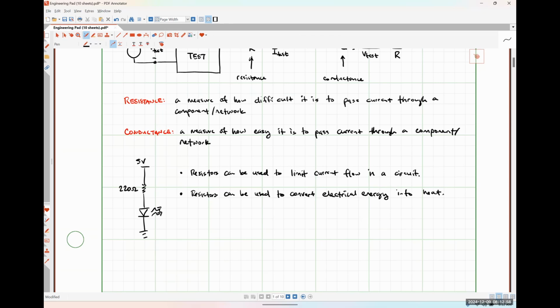In fact, that's really what a resistor is doing when it is limiting the current of a device. It's taking up excess energy and converting it to heat so that that energy isn't applied to the sensitive equipment.